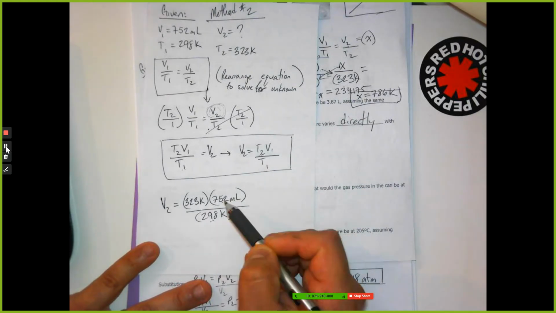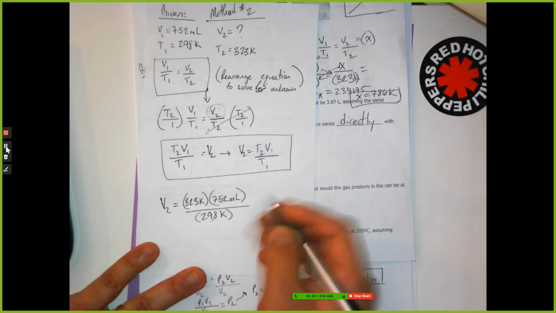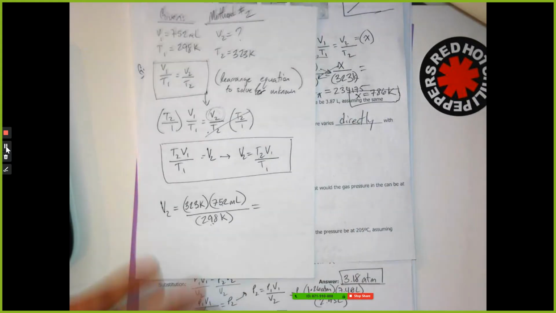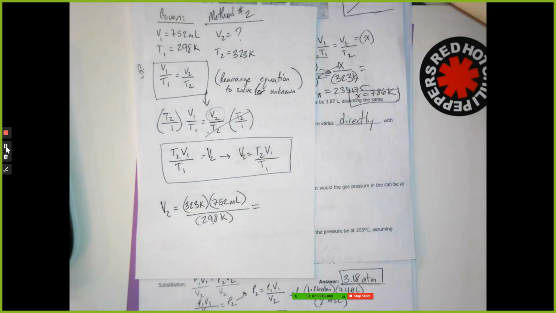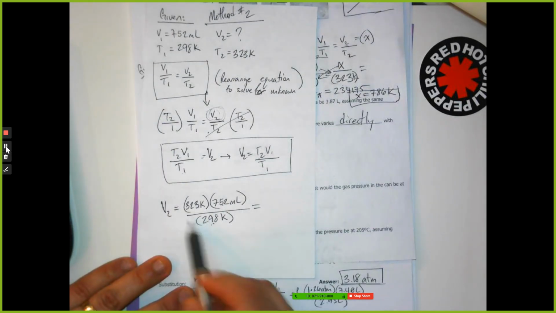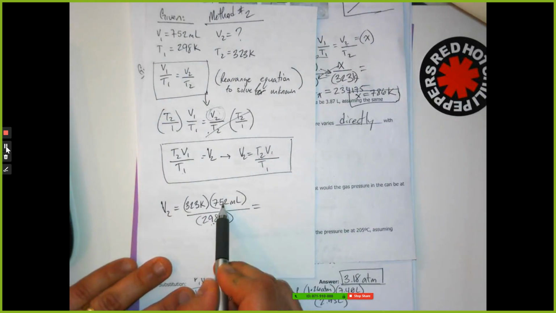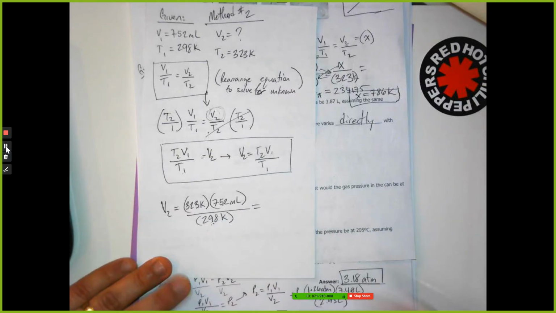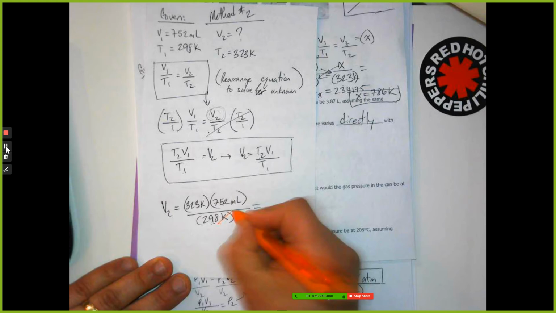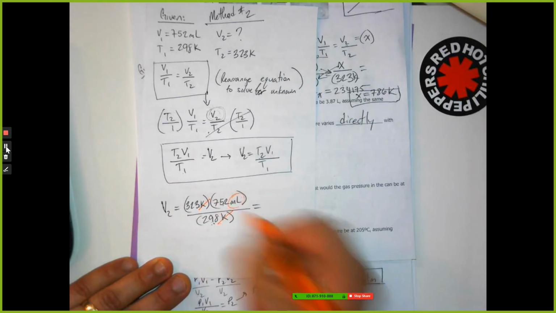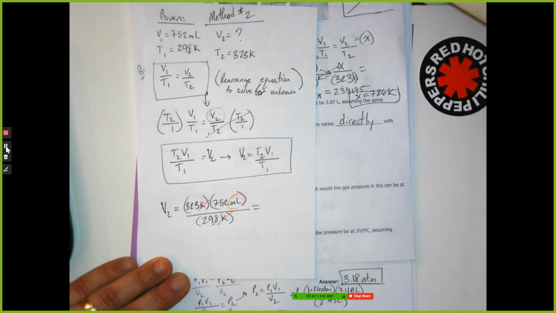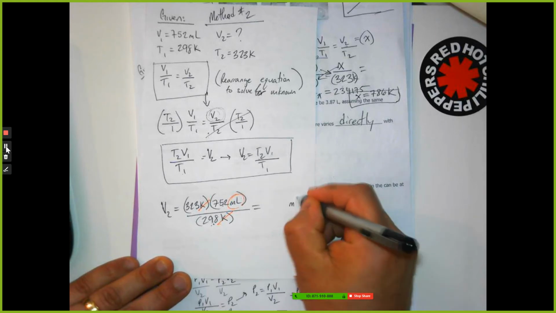I got that from the problem they gave me. And so now I can plug and chug. And my plug and chug on this is basically 323 times 752 divided by 298. And then on this, you can see that my units of Kelvin will go away. What am I left with? Milliliters, and that is going to be the unit in your answer, and that's what you want.